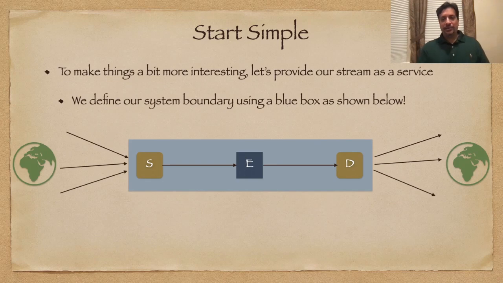To make things a bit more interesting, let's provide our stream as a service. This means we can accept inbound messages at an API endpoint hosted at process S. When messages arrive, S will process them and send them to event topic E. Process D will consume from event topic E and send the message to some third-party endpoint on the internet.